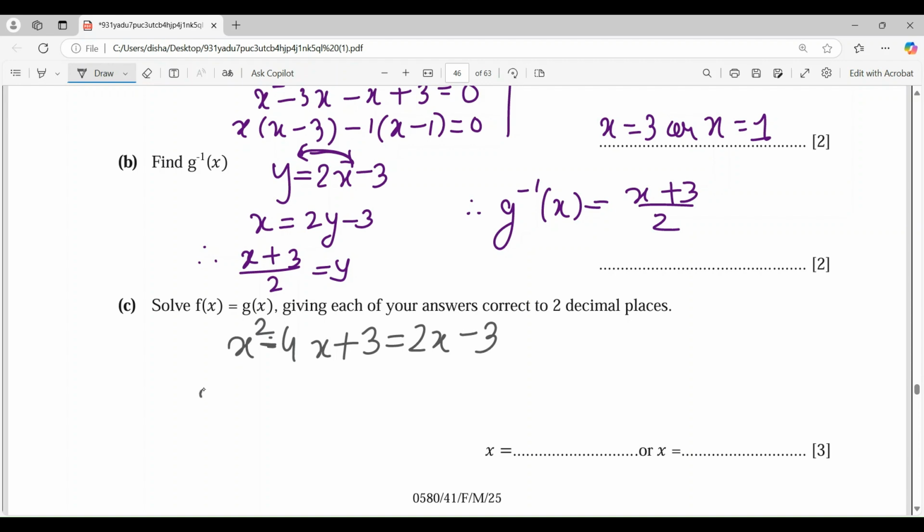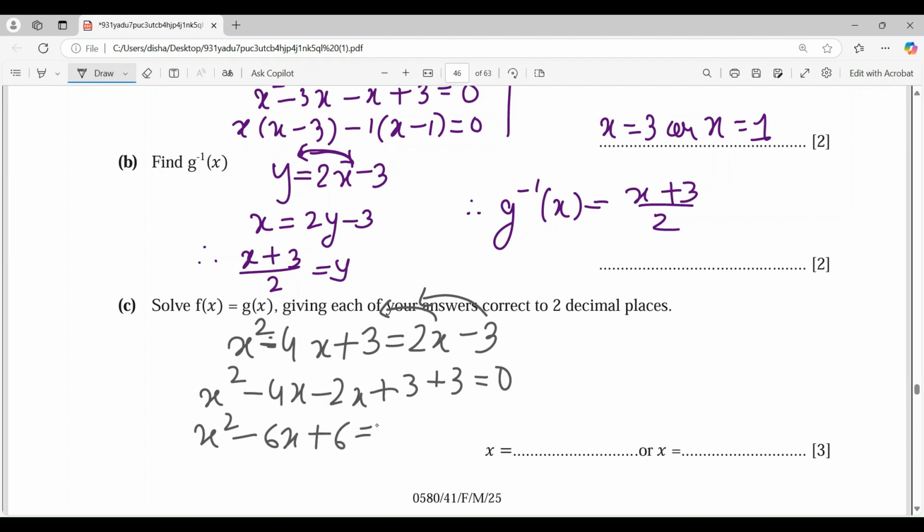So I have x square minus 4x minus 2x. I'm transposing this, so minus 2x, and I'm transposing this 3, so plus 3. So x square minus 6x plus 6 equals to 0.